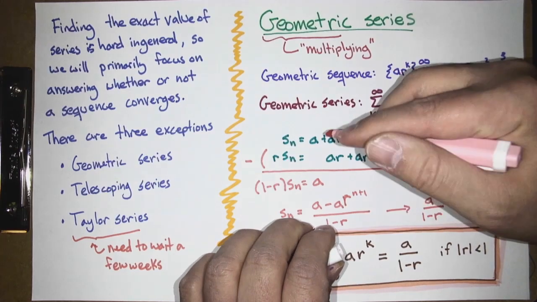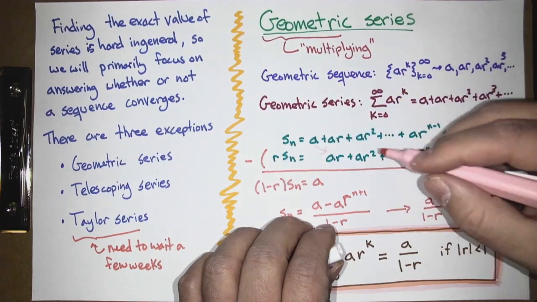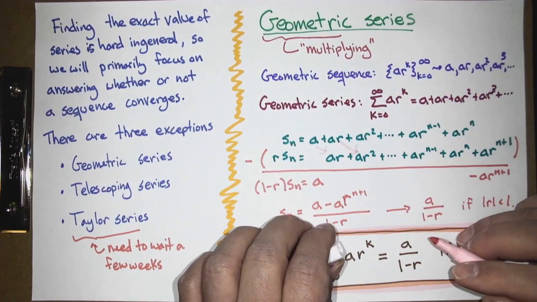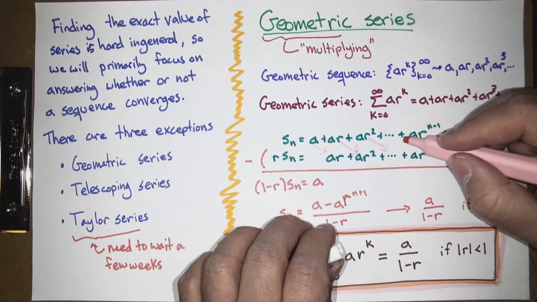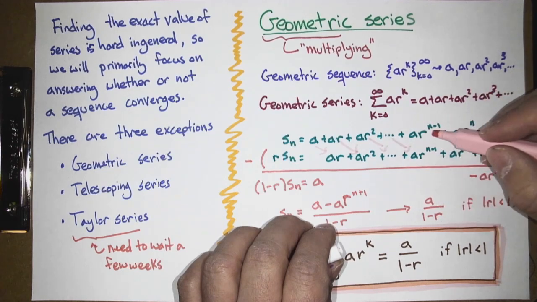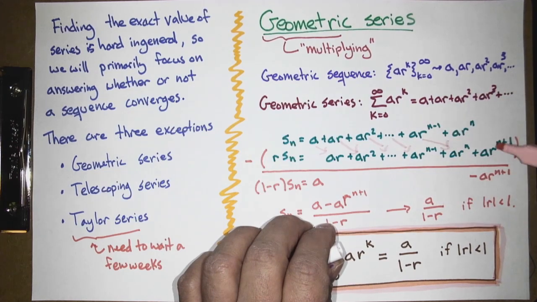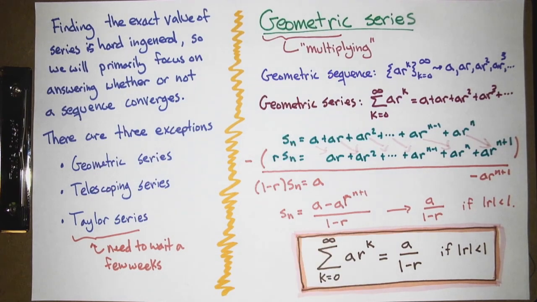So A times R becomes AR. AR times R, AR squared. And so forth and so on. And then AR to the n minus 1 becomes AR to the n. And this AR to the n becomes AR to the n plus 1. So there's this shift happening.